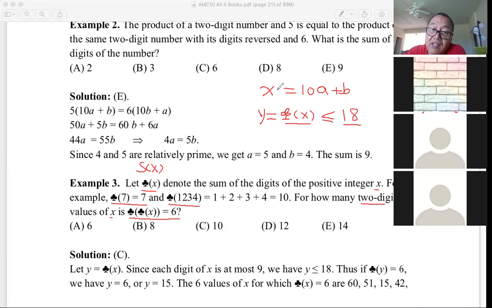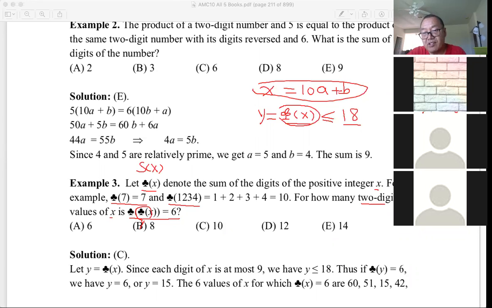X is a 2-digit number, and Y is the sum of its digits. We already know this Y is definitely less than or equal to 18. Then we use Y to replace this sign X, and based on this equation, it equals 6.